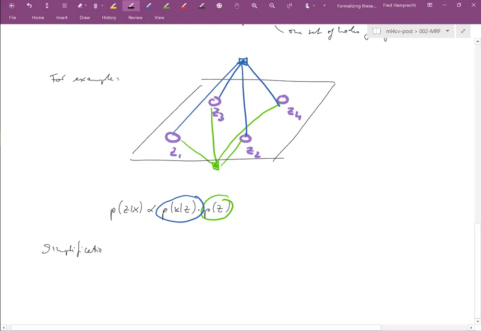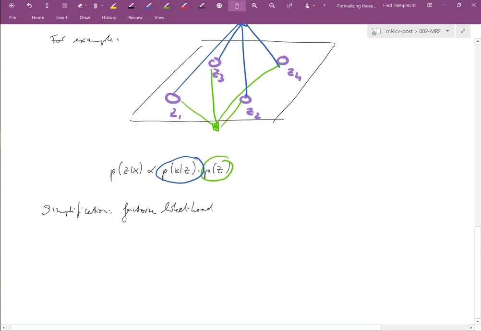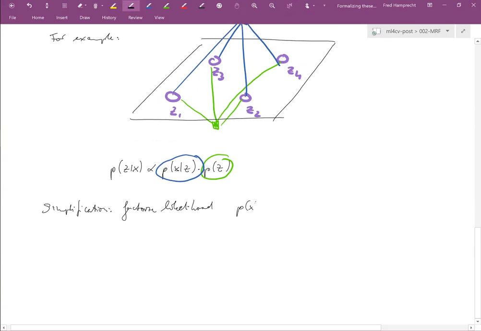I can make a first simplification, and I can say I factorize my likelihood. So P of X given Z is simply a product here over all pixels.